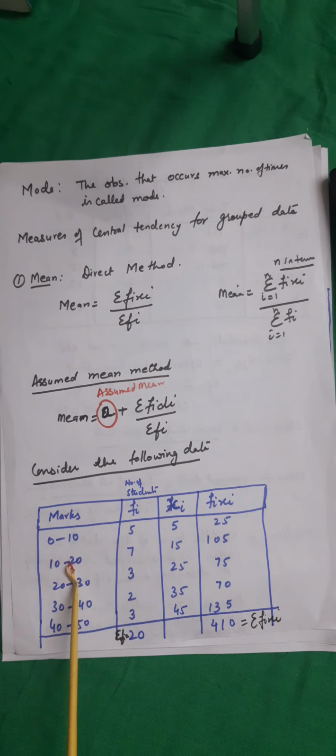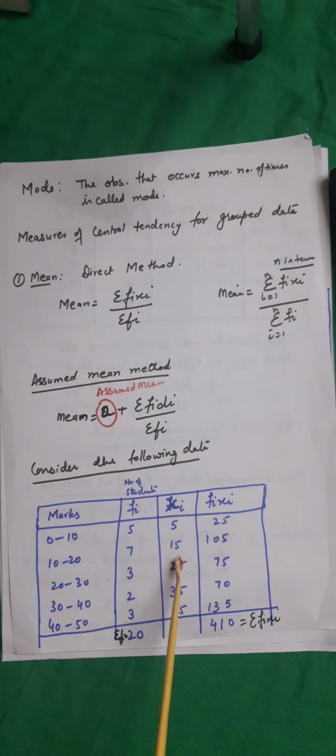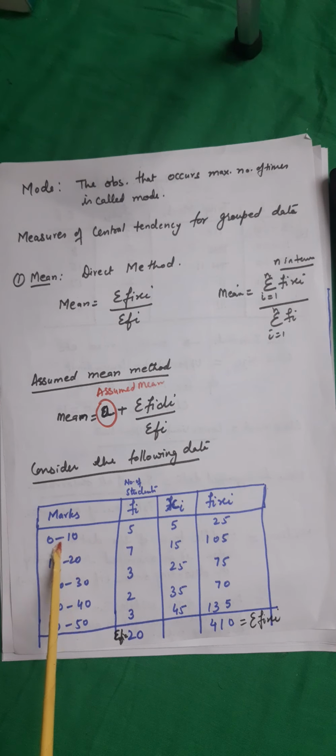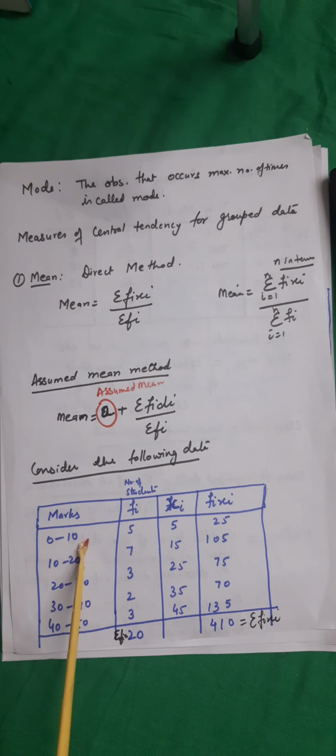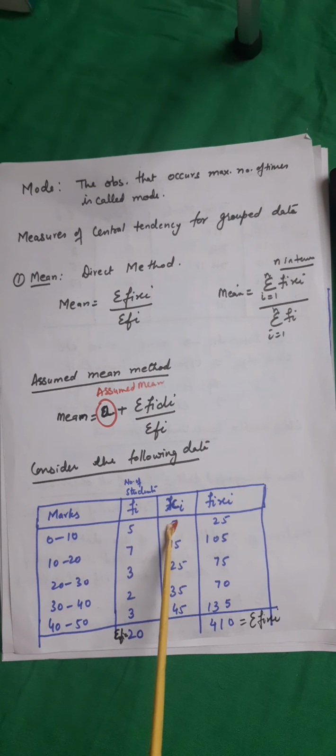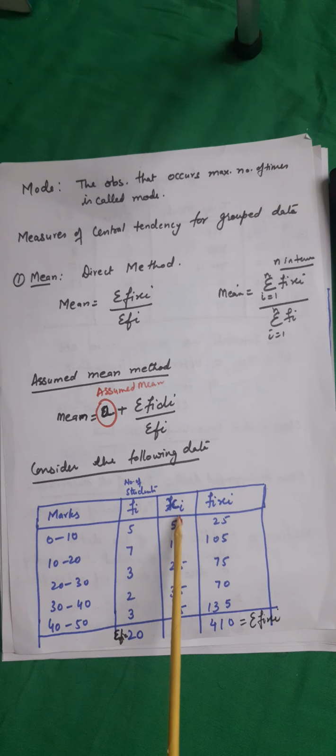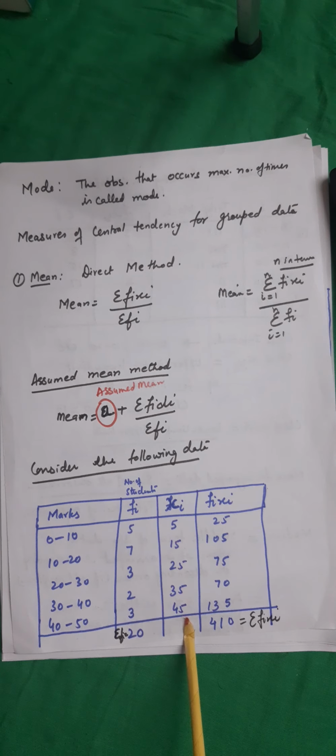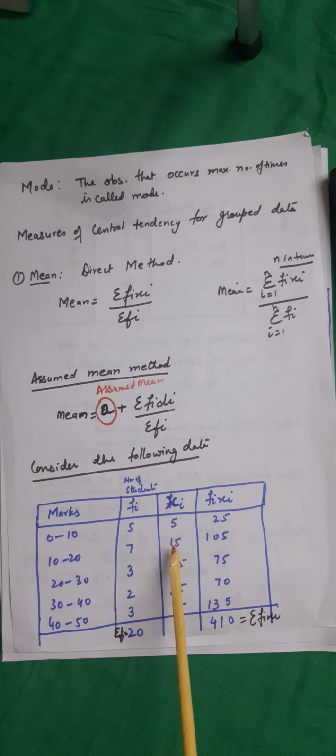One method is you add the upper limit and lower limit, and then divide by 2, means find their average. The second method is you find out the length of the class interval. The length of the class interval comes out to be 10. Find the first class mark and just go on adding the class length to it to get the other class marks. So 5 plus 10 is 15, 15 plus 10 is 25, 25 plus 10 is 35, and then 45.